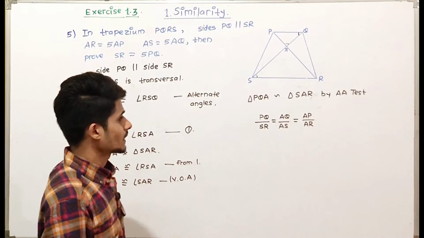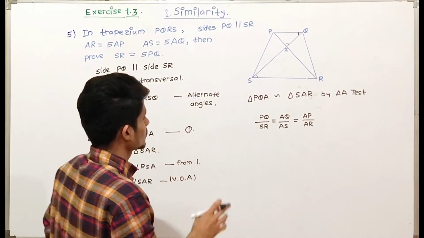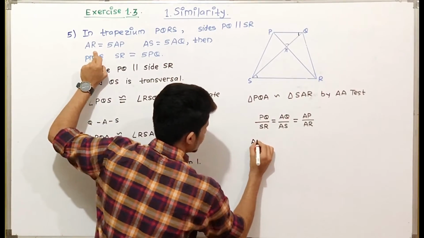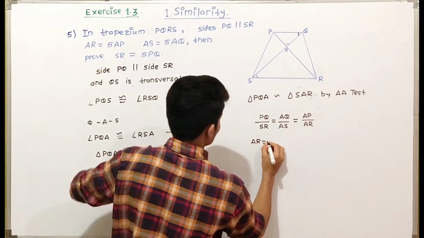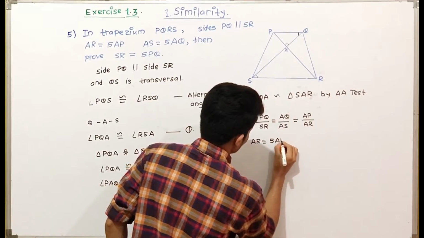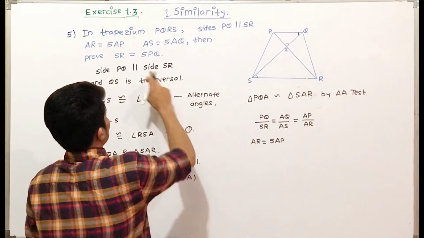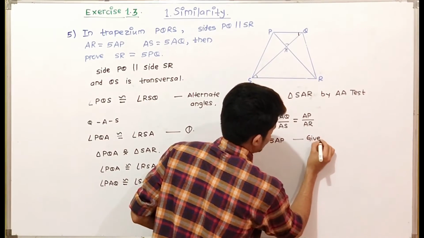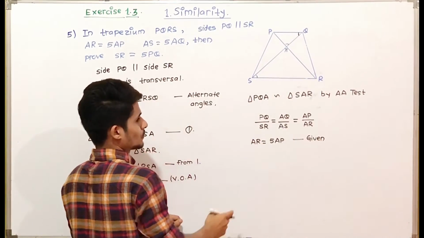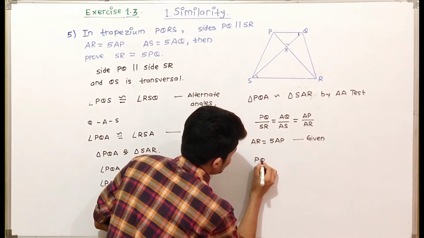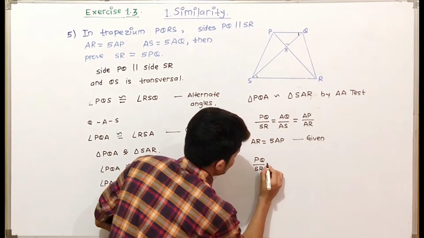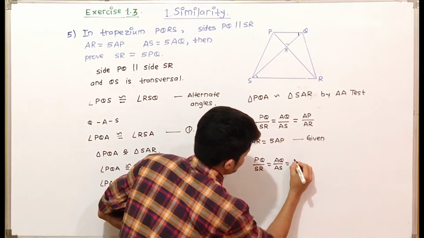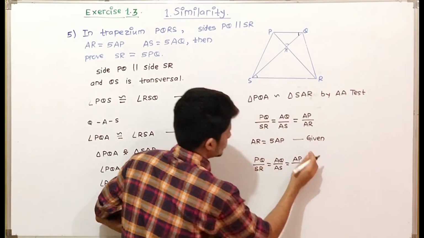Now AR is equal to 5 AP, it is given. So we will substitute the value of AR in PQ upon SR is equal to AQ upon AS is equal to AP upon AR.